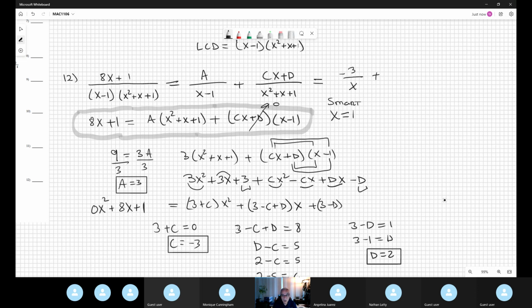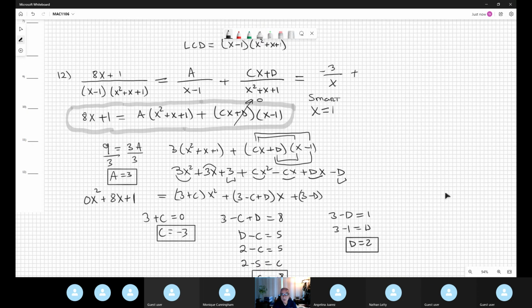Plus C is minus 3, x, and D is 2, over x squared plus x plus 1. Let me see. I believe I made a mistake. Ah, A is 3. Look at that. No mistake. The mistake wasn't in the last moment. This is 3. Okay, this is the answer, I believe.